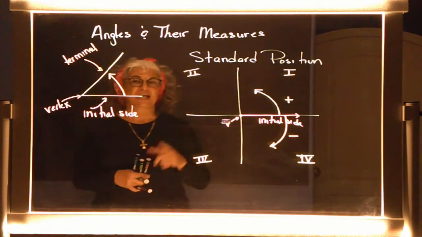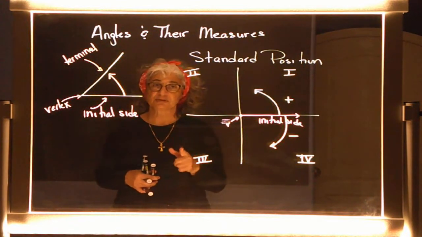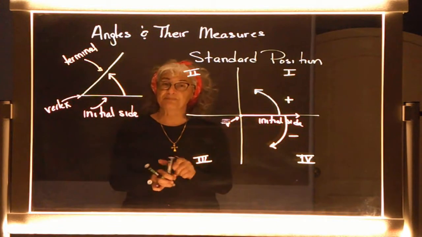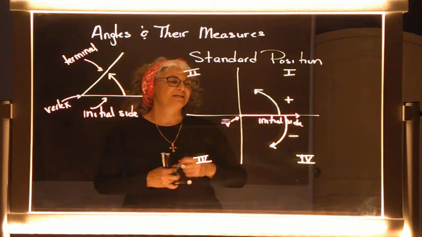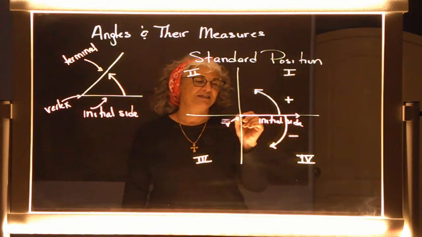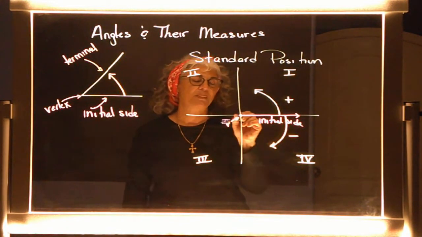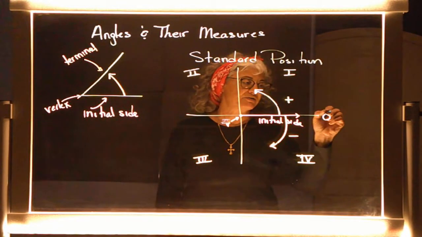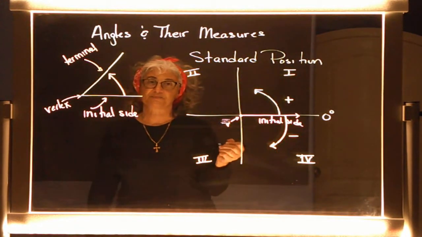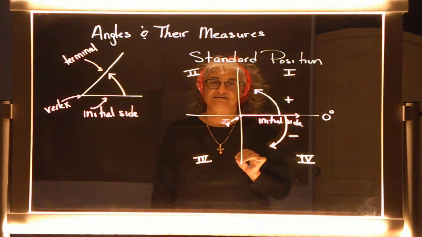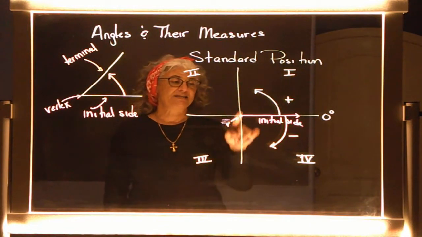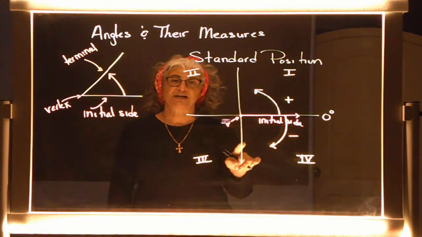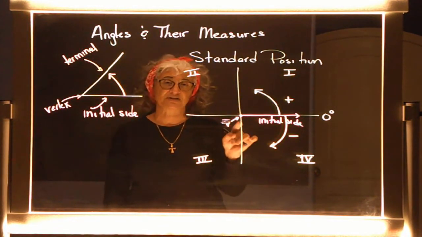Okay. Now, also want to make certain we remember, since the initial side is on the positive x-axis, then this is where our 0 degrees will start, on the positive side of the x-axis. Now, these two axes, our x and y axis, are perpendicular, are they not?